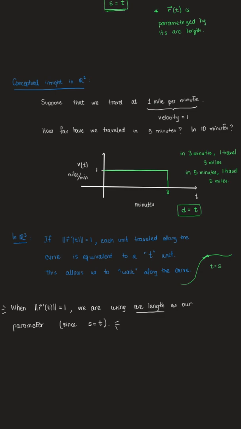If the magnitude of r prime equals 1, each unit traveled along the curve is equivalent to a t unit. So this allows us to walk along the curve. That's actually very useful, and we're going to learn how we can reparametrize our curves so that they're parametrized by arc length, so that t is the same as s.